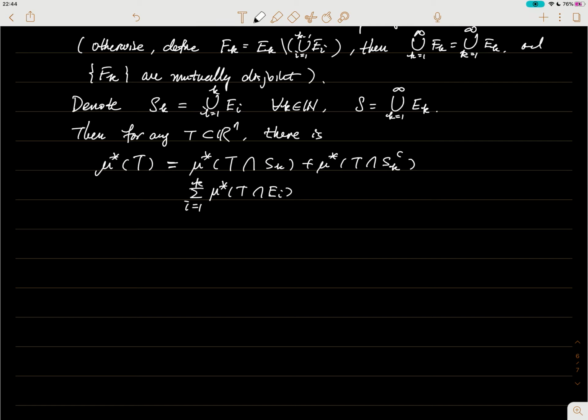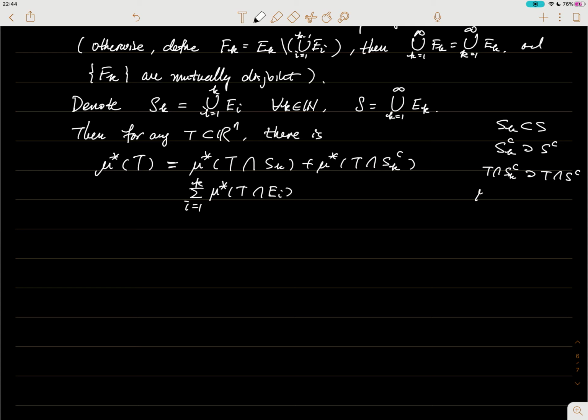That's one. The other one is that Sk is a subset of S, right? By our definition, Sk is just a partial union, and S is the total union. So we have this, and that's why the complement of Sk contains the complement of S. And that's also why the intersection of T with the complement of Sk contains the intersection of T and S complement.